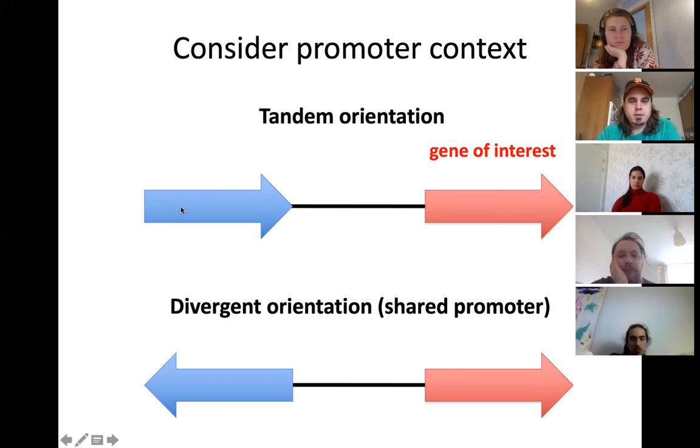This is the ideal situation, because the upstream gene's promoter will be here, so the only motifs you're likely to find will regulate your gene. But if you have a divergent orientation, then the upstream gene will also have regulatory motifs in the promoter sequence. And so you run the risk of picking up the motifs of the other gene that actually have nothing to do with the regulation of your gene over here.